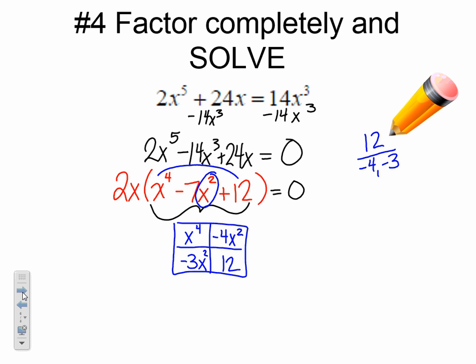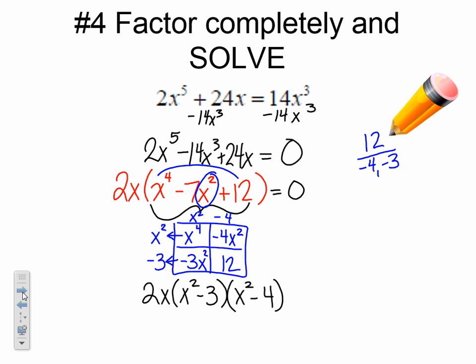So now when we factor out common things from each row and column, x squared, negative 3, x squared, negative 4. And now let's take a look at all the pieces that we have here. So I'd have x squared minus 3, x squared minus 4, and the 2x that I took out in the beginning.